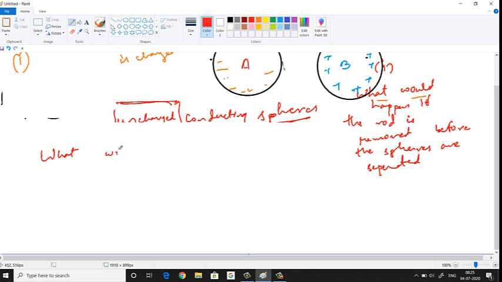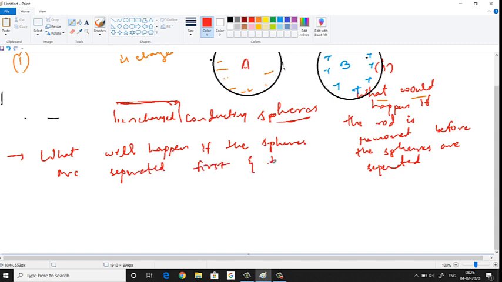What will happen if the spheres are separated first and then the rod is removed far away? I'll give you 1 minute to think about this. What do you think should happen?